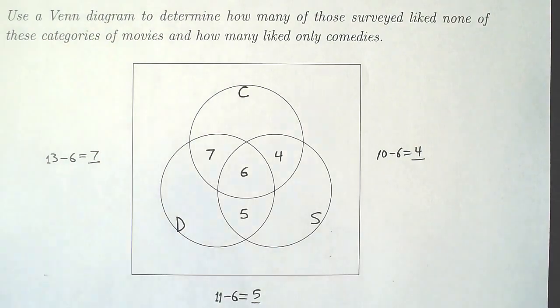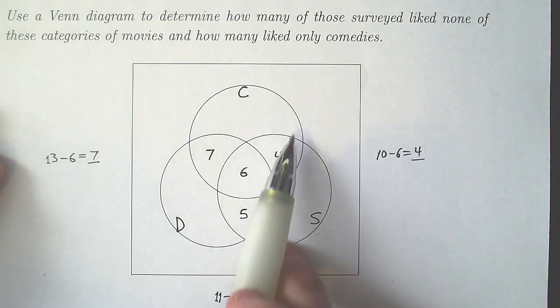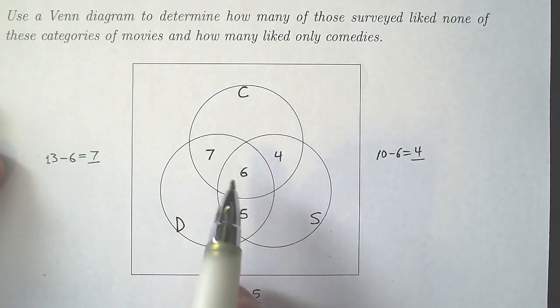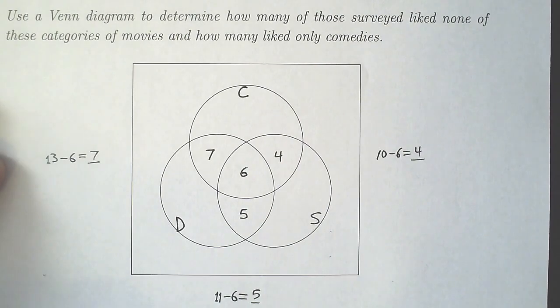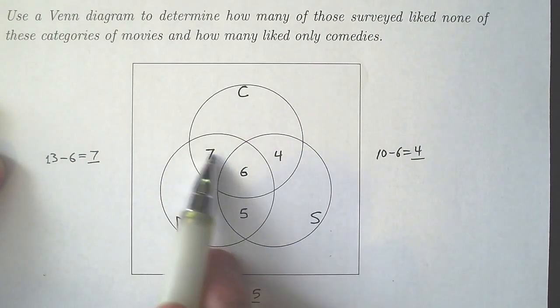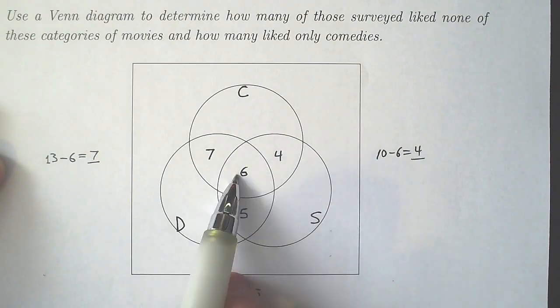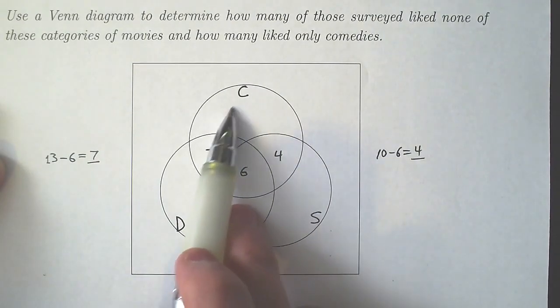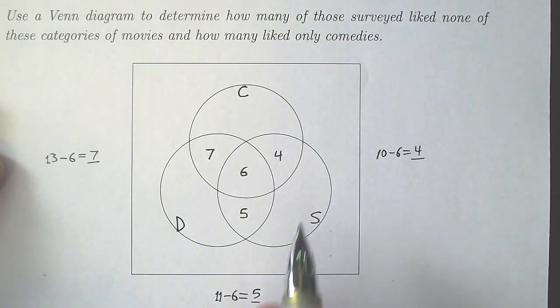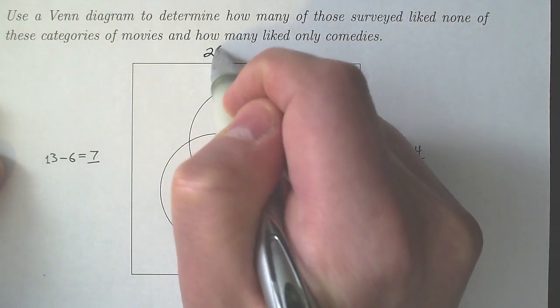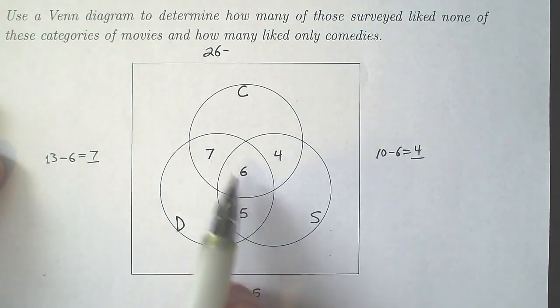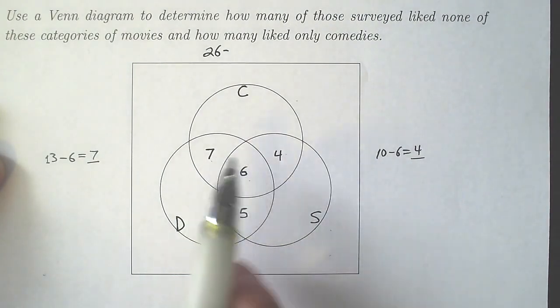Next up, number 5 up above says 26 people liked comedies. So the entire circle of C needs to have 26 people in it. We already have a bunch of people who like comedies, and we need to figure out how many more go up here. So let's say the 26 that they're telling us, minus the ones we've already counted.